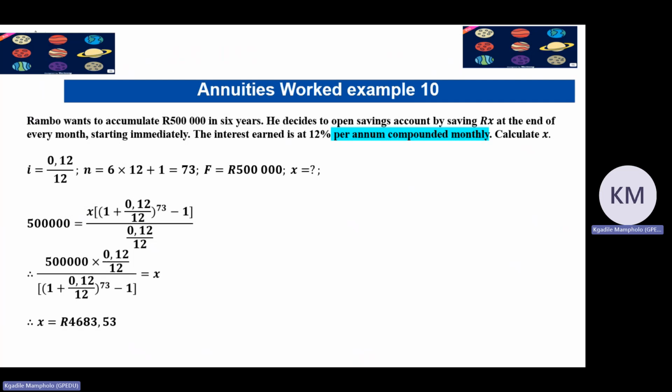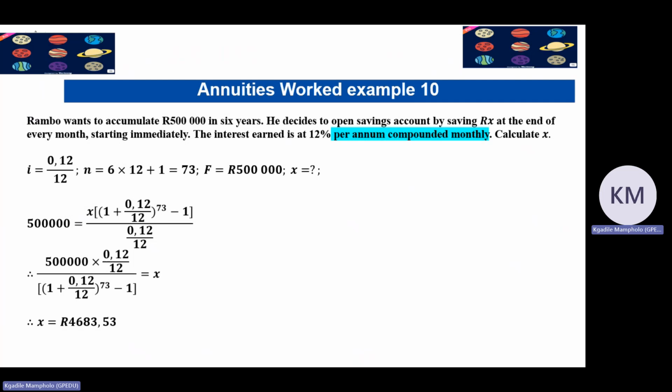Because this will happen over a period of 6 years, and it's compounded monthly. Then you say 6 times 12, which equals 72. But because it started immediately, it means in the first month, Rambo made 2 payments and then continued to make 1 payment every month. Hence, we have 73.